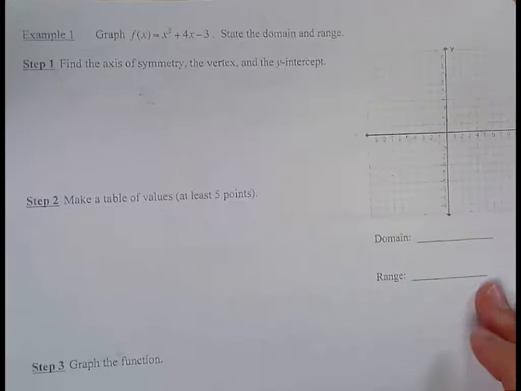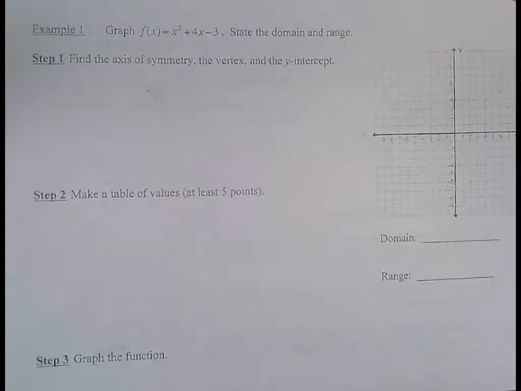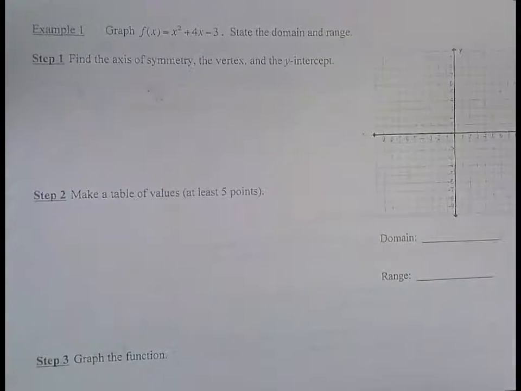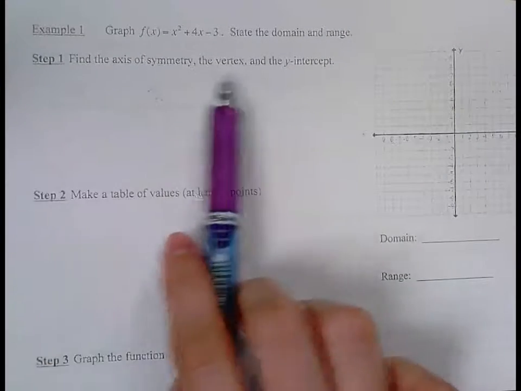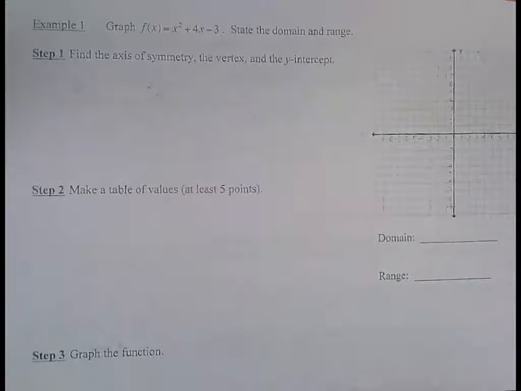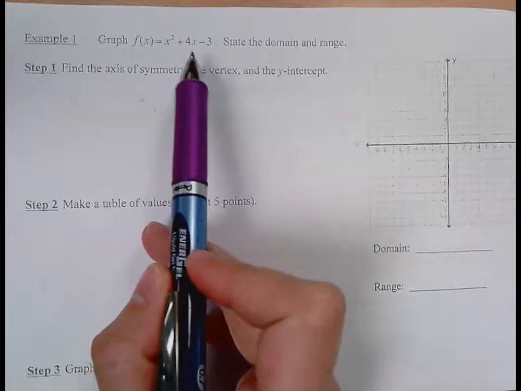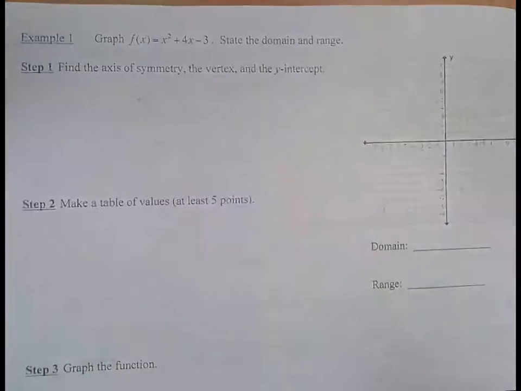So if we look at example 1, this one, I didn't include this for the second one. It's not included on your assignment, but I did break it down into really the 3 steps I follow. I just explained to you the 3 things I usually find first. So we have our function, f of x equals x squared plus 4x minus 3, and it says state the domain and range.